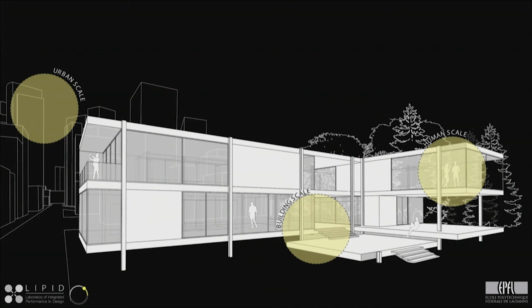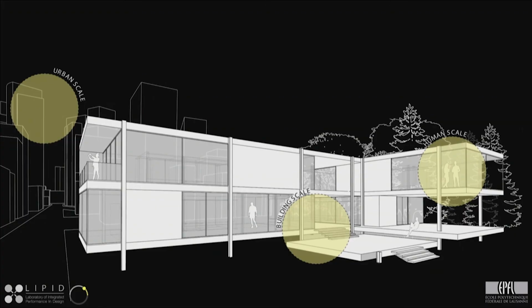So to recap, the idea is to always keep the three scales of a building in mind when we do our research. We know that the context is hugely important, the solar and sky context, but also the urban context, and then to look at the building as a whole, but also to not forget that the reason we build buildings is for occupants, and therefore to really care about the human scale, maybe first and foremost.